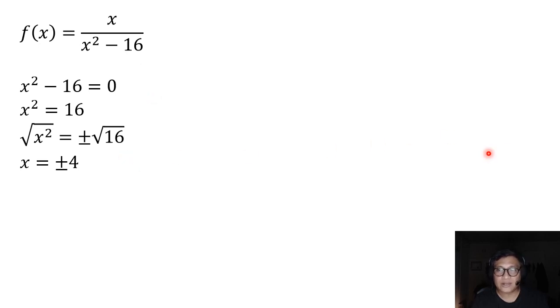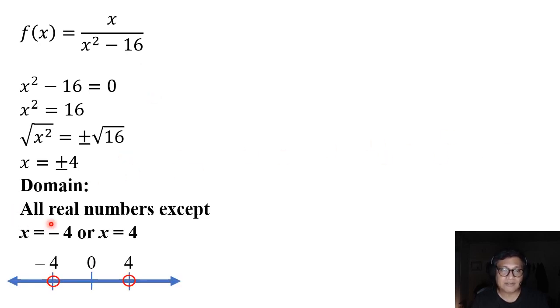So therefore, the domain will still be all real numbers except x is equal to negative 4 or x is equal to positive 4. So any value, class, will satisfy this function as long as the value of your x is not equal to -4 or +4. Otherwise, it will make the function undefined.